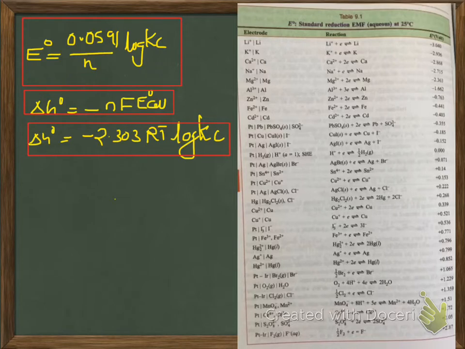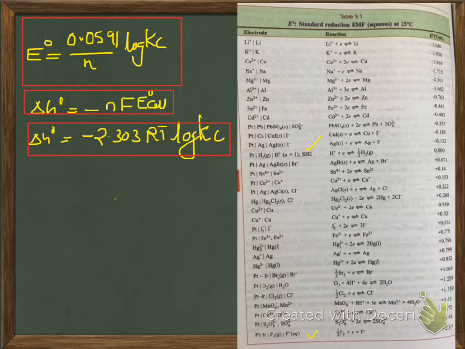This is electrochemical series. Here you can see various species: lithium, potassium, calcium, sodium, magnesium, aluminum, zinc, iron, cadmium, lead, copper, and so on. And in the middle you can see hydrogen here, SHE, and below hydrogen you have bromine, tin, copper, silver, mercury, and lastly you have fluorine.